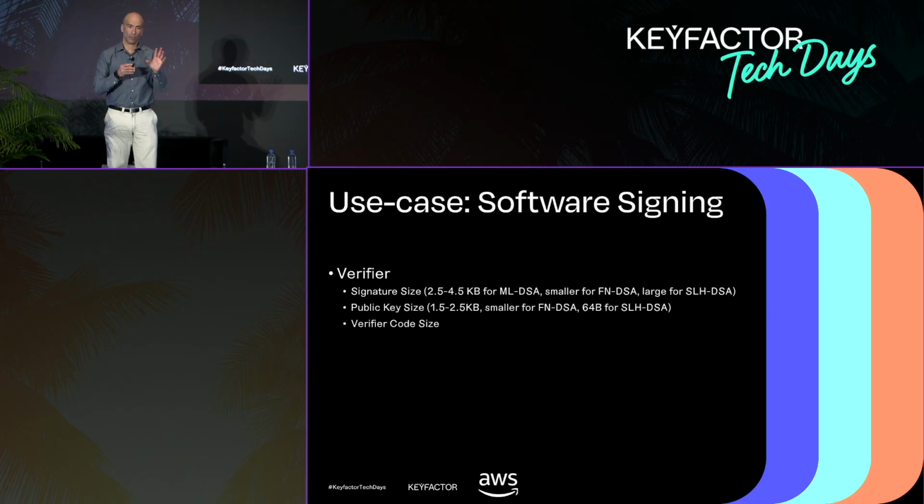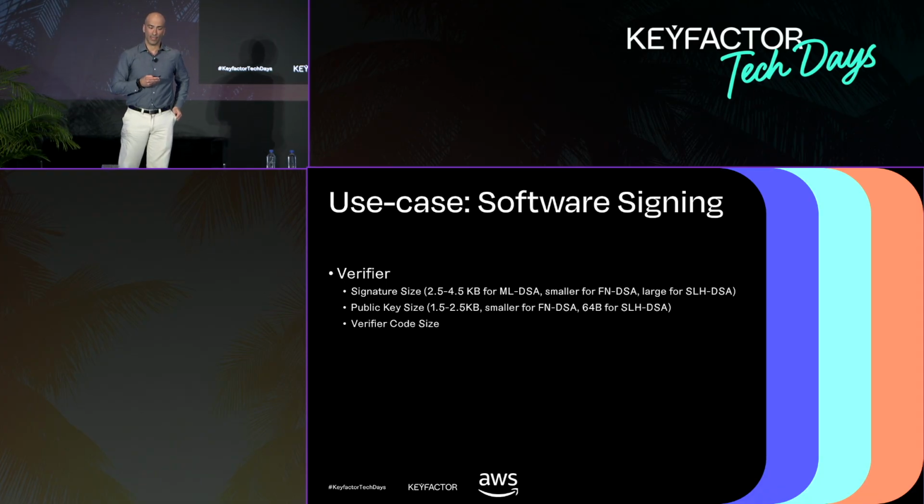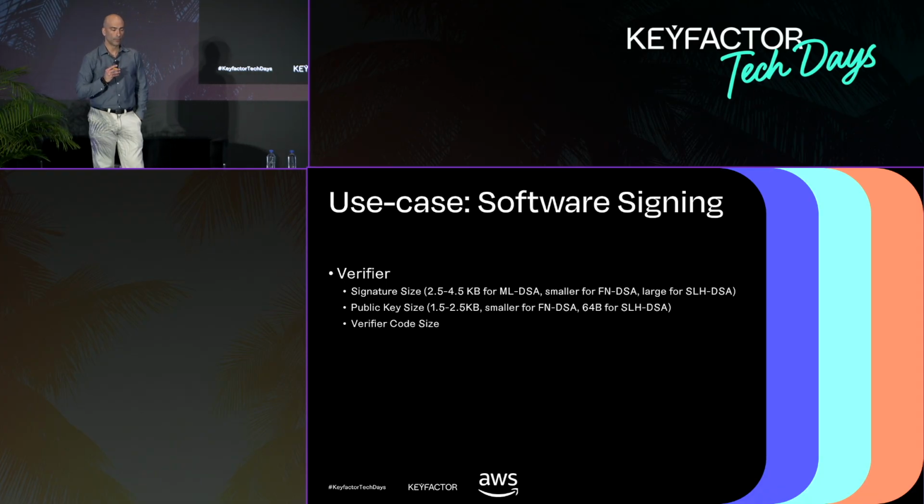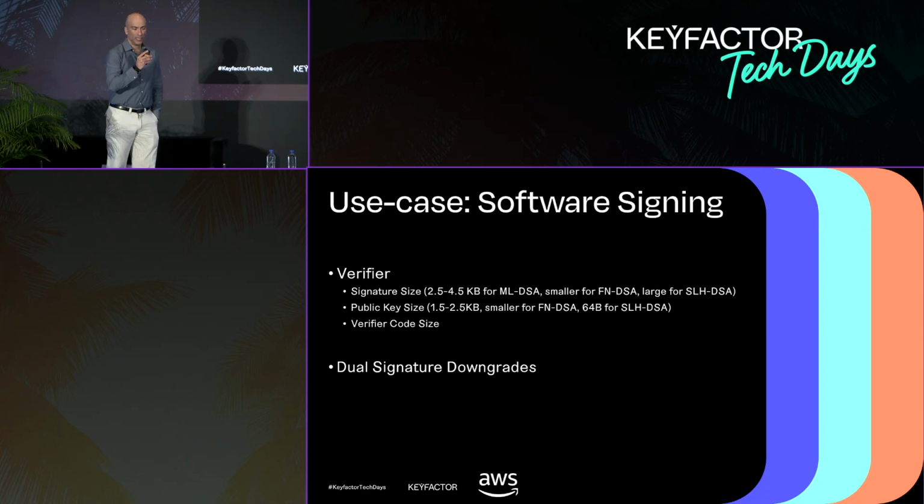Unless we're talking about a very constrained little IoT verifier that doesn't have enough RAM to load these new keys, signatures or code, verifiers will be fine in that use case. But there is an interesting intricacy here that has to do with downgrades.